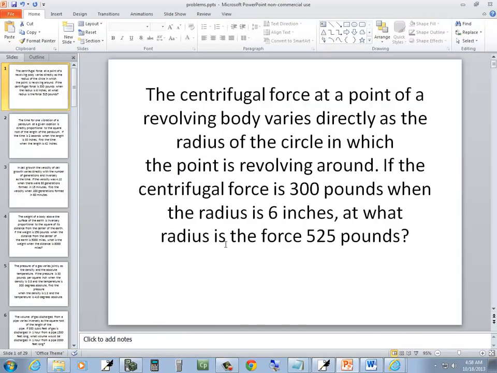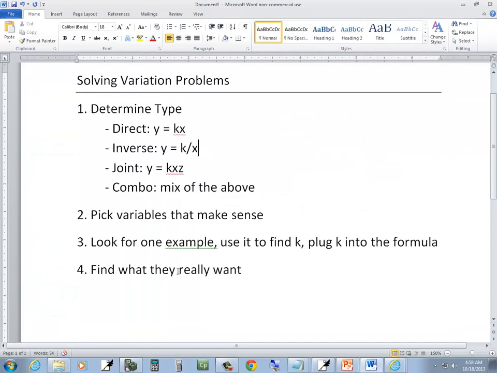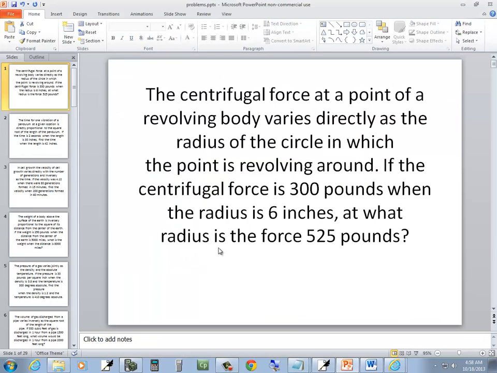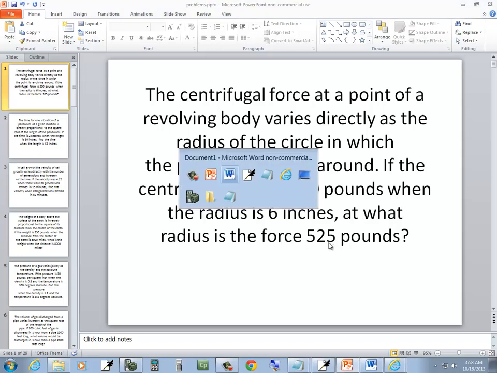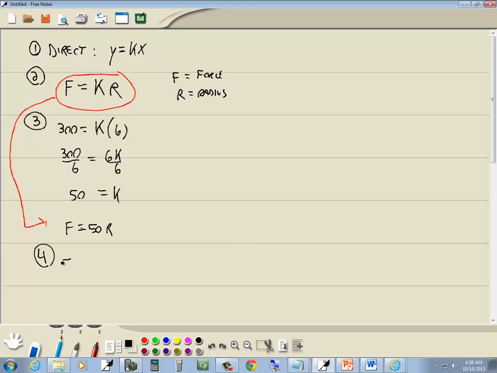Now step 4, there it is. Find what they really want. Well, it says at what radius is the force 525? So telling us force is 525, and they're wanting us to find the R. So on this one, we'll have to divide both sides by 50.